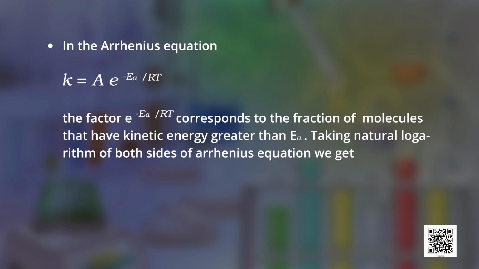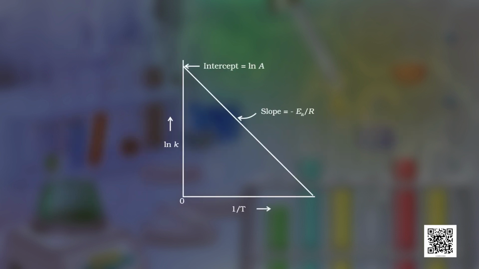Taking natural log of both sides of the Arrhenius equation, we get ln K equals minus Ea divided by RT plus ln A. Let this be equation 1. If we plot ln K versus 1 by T, we get a straight line with slope equal to minus Ea upon R and the y-intercept as ln A.